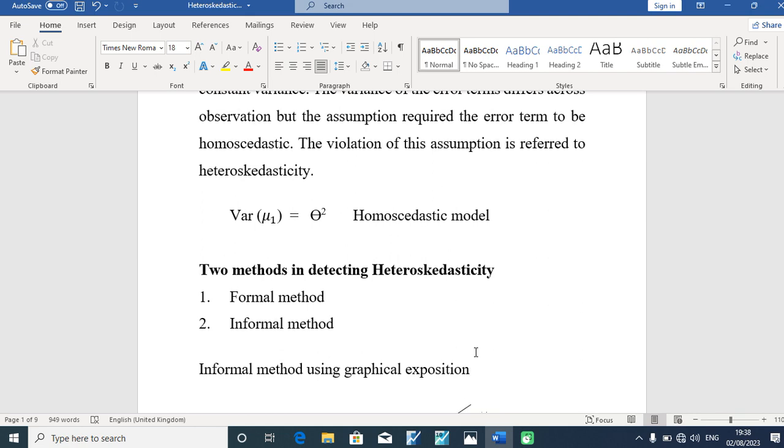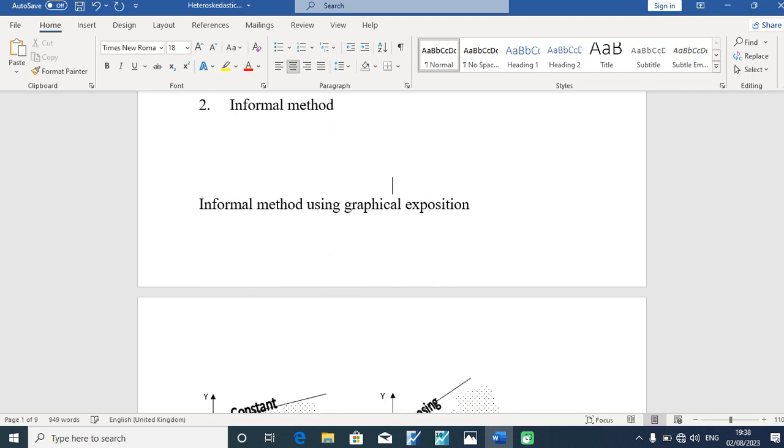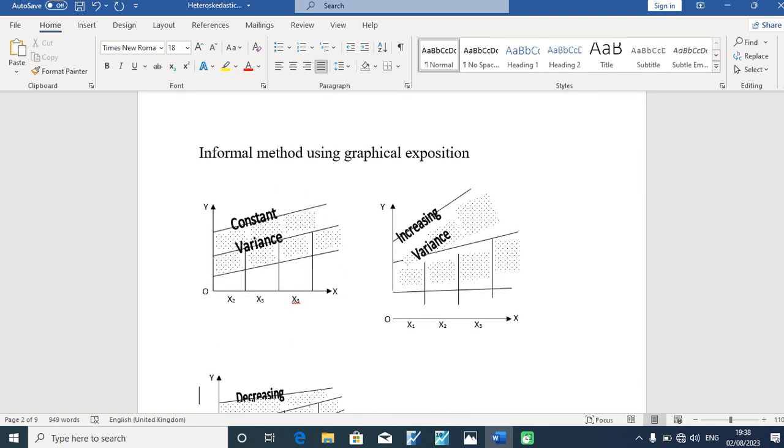Starting with the informal method. The informal method refers to the use of graphs, line graphs, two-dimensional graphs, to explain the presence or absence of heteroskedasticity in the time series regression. We have three graphs here. The first graph expresses the presence of homoskedasticity because the distance between the graphs is equal.